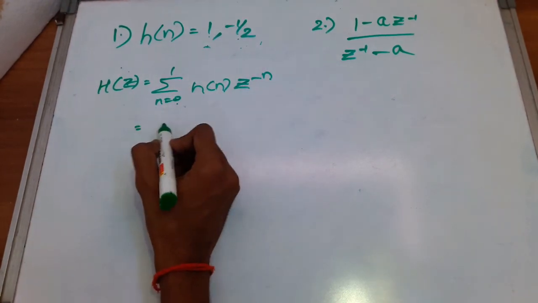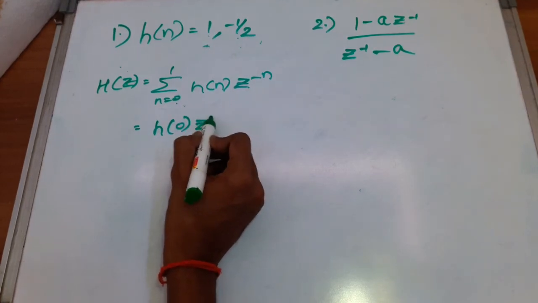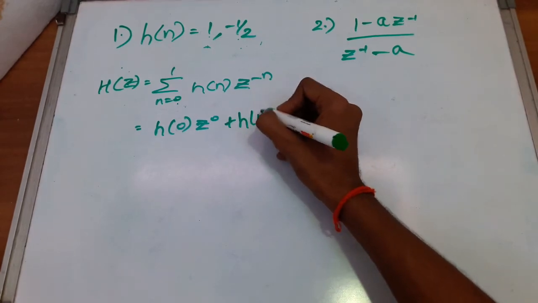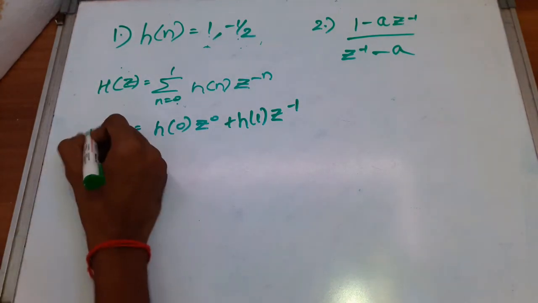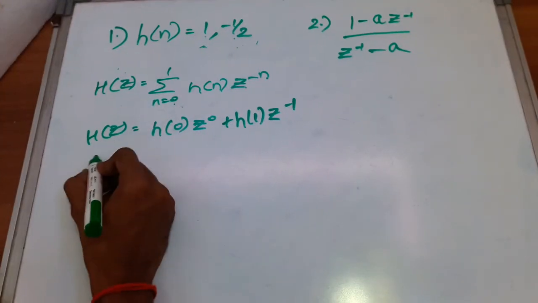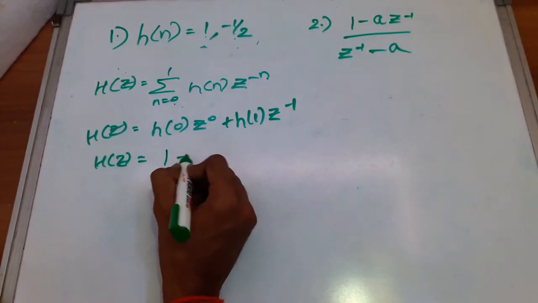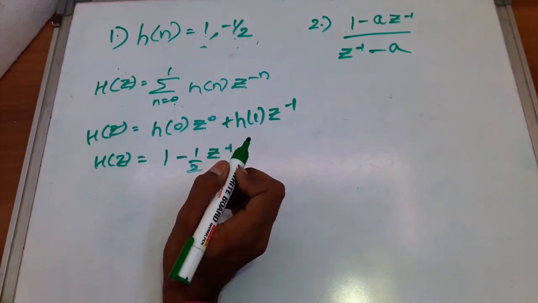So further solving it, h of 0 z raised to 0 plus h of 1 z raised to minus 1. We get H of z as 1 minus 1 upon 2 z inverse.